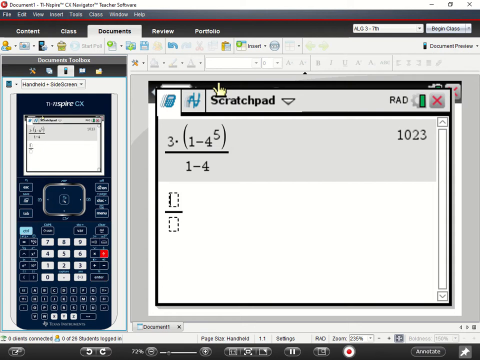So Control divide, 150, open parentheses 1 minus 5 over 100, to the 30th power. All this is going to be over 1 minus 5 over 100.